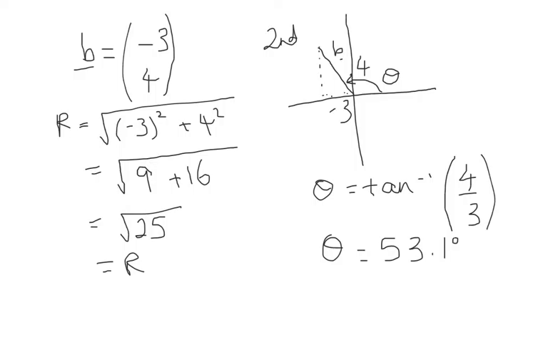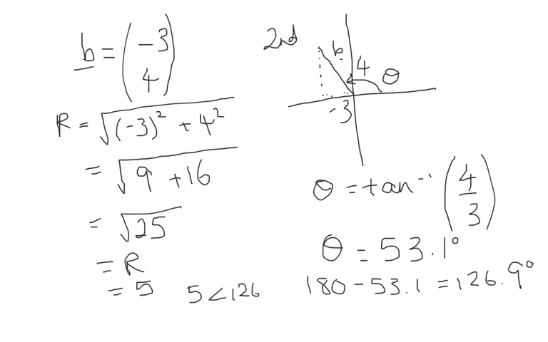So to calculate our angle, we have to take this away from 180 because it's the second quadrant. 180 subtract 53.1 to get the second quadrant answer, which is 126.9 degrees. So our vector B is equal to, oops, I forgot to write 5 here, 5 angle 126.9 degrees.